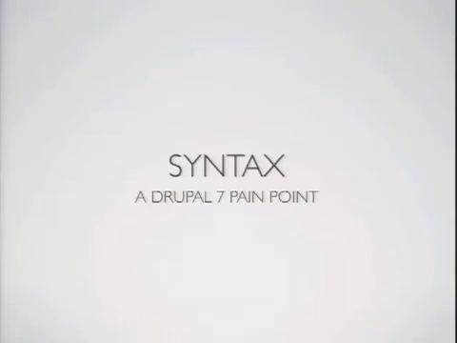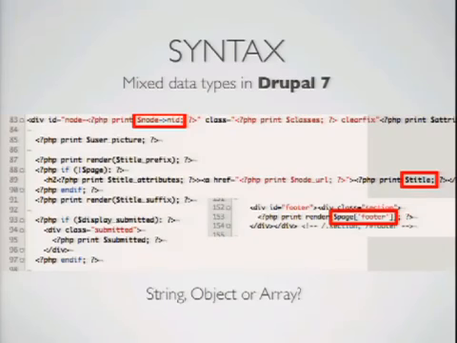Okay. Sure. So there are a couple of problems with the syntax in Drupal 7. For starters, when you are printing variables in your template files, there are lots of different ways to identify your variables. If you're printing an object, you print things out with an arrow. If you're printing something in an array, you print them out with square brackets. Sometimes you just print things.